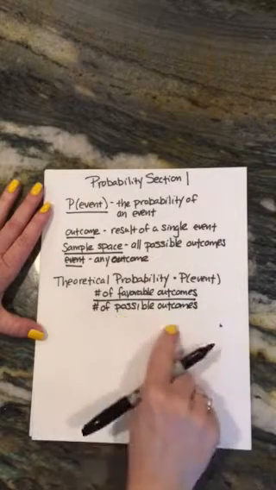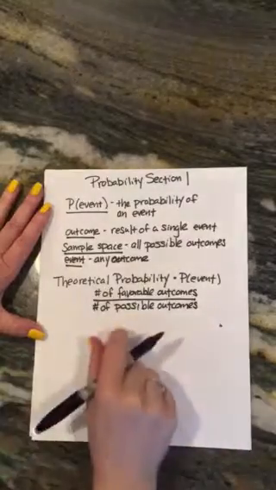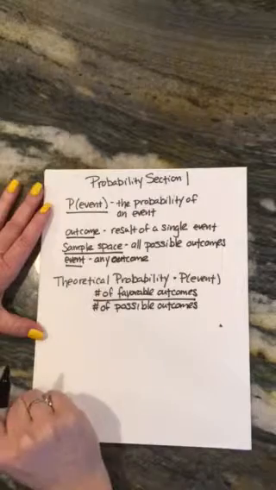So this is what we worked with in the last section when we were talking about probability. You were doing theoretical probability.